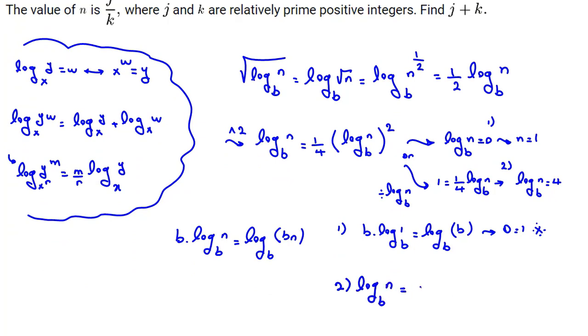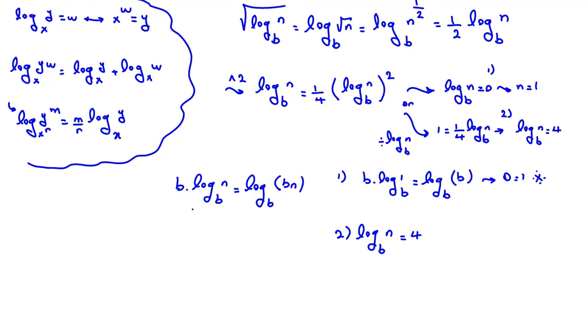Log_b of n is 4. Now, if we replace in this equation, let's call this one star. By star, we can say b times log_b of n equals, here we have a product, so we can use this rule. It is equal to log_b of b plus log_b of n.